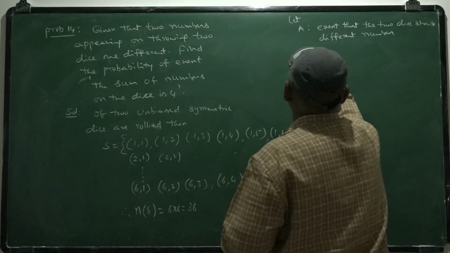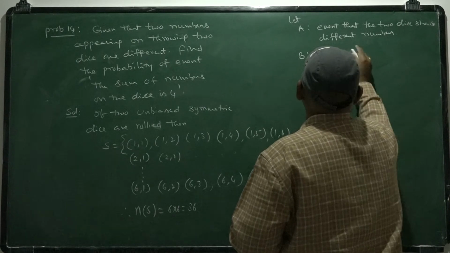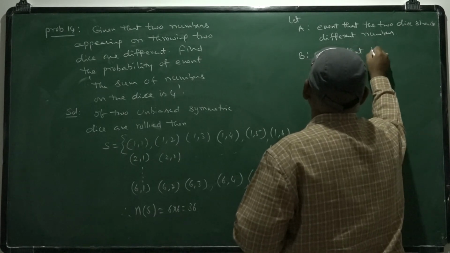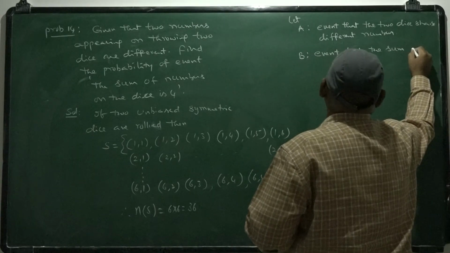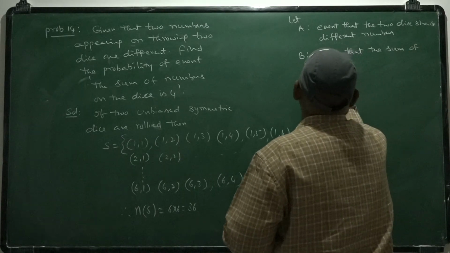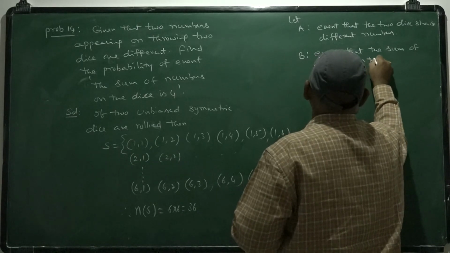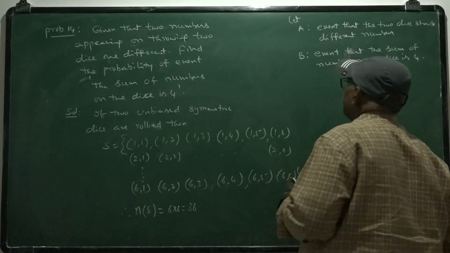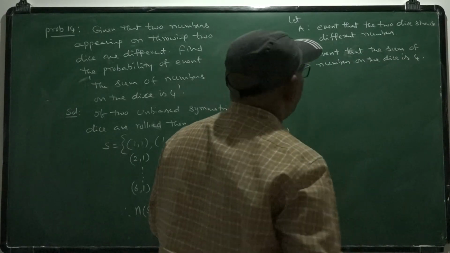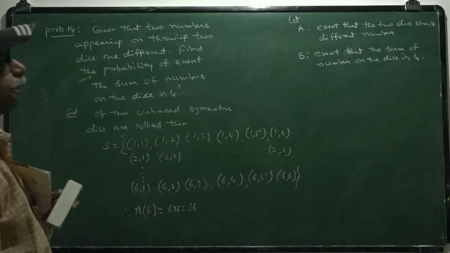And B stands for the event that the sum of numbers on the dice is 4. Let us suppose these are the two events of this sample space.